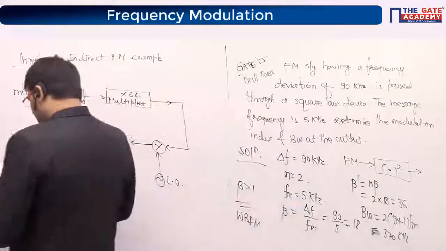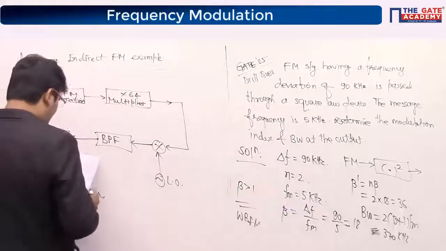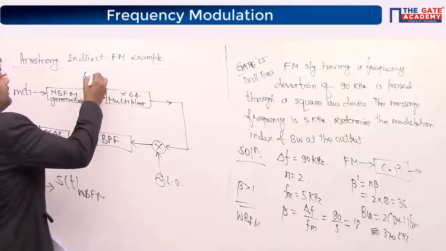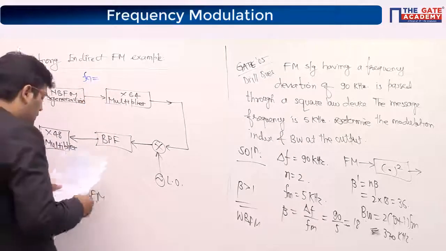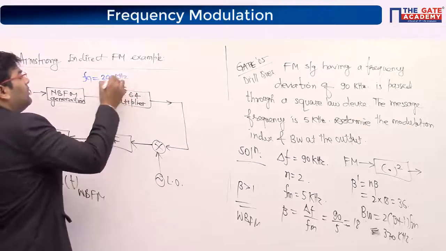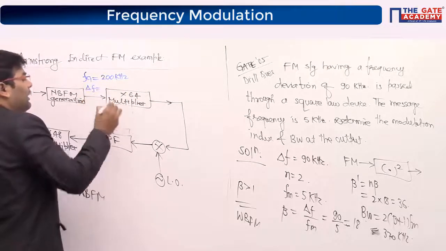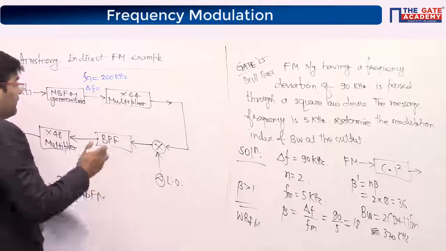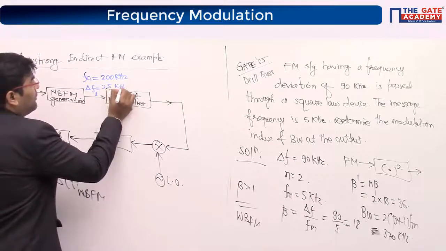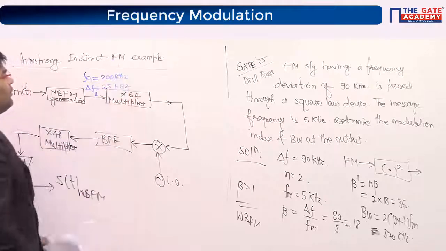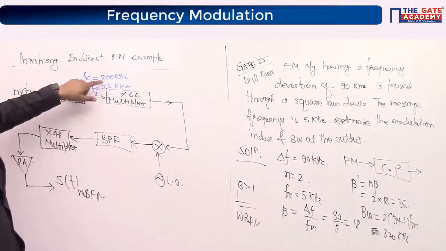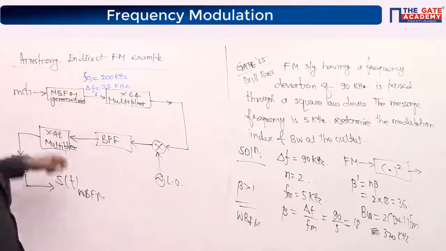So what I have done here is taken the narrowband output generation giving you carrier frequency 200 kilohertz and delta F1 equal to 25 kilohertz. So the deviation is from 175 to 225, plus and minus, right?